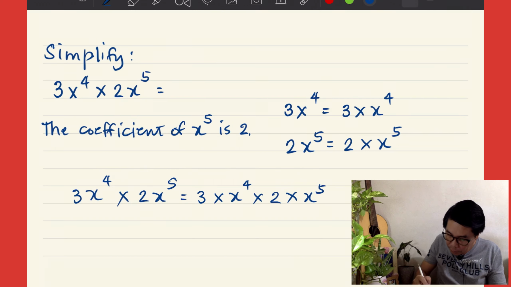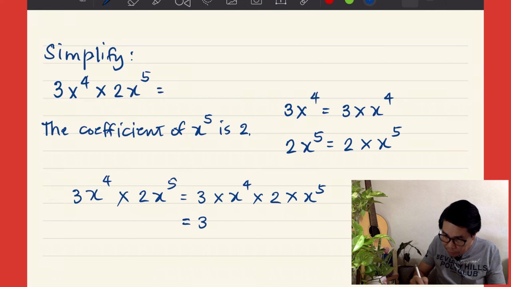Then we have 3 times 2 times x to the 4th times x to the 5th.